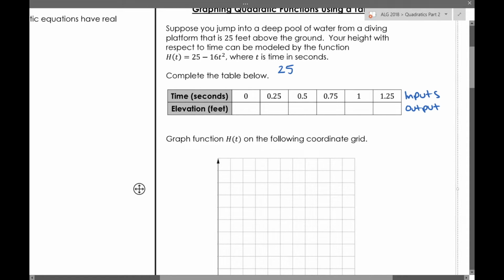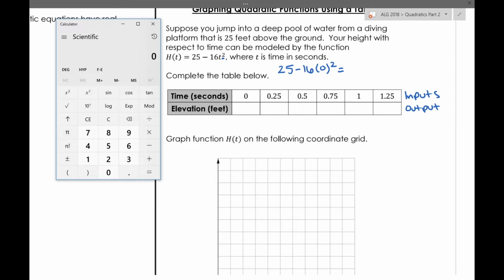But I have 25 minus 16, and the first input that I'm going to put is 0. So instead of t, I'm going to put 0, and then I'm going to put the square because the 2 is up right here. So it's going to be 0 squared. Now we've got to figure out what that equals.